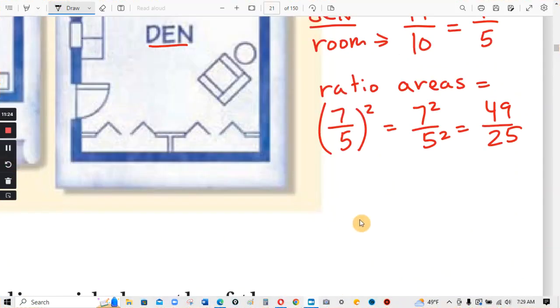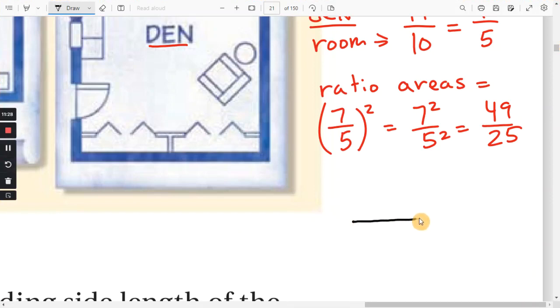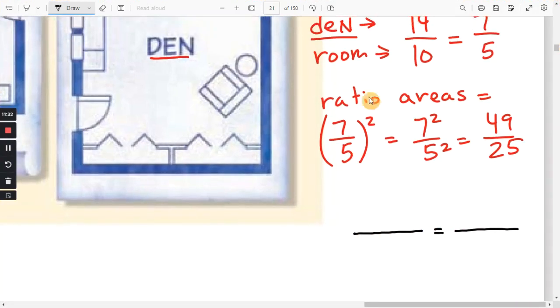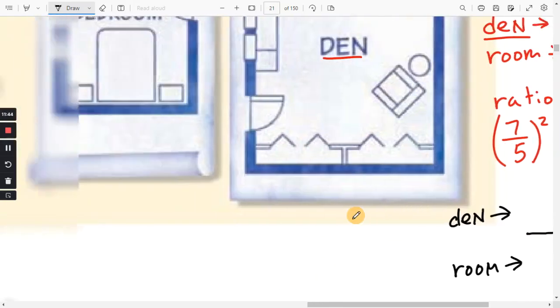Now, I'm going to set up 2 more fractions. Okay. And again, I'm going to keep the den in the numerator and the room in the denominator. Okay. Now, we said the price.